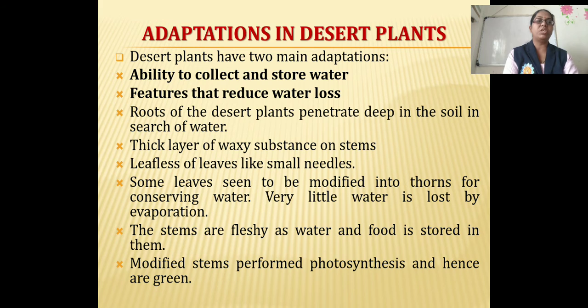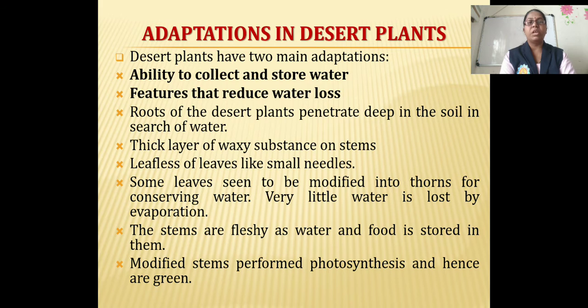Next one is adaptation in desert plants. Desert plants have two main adaptations: the ability to collect and store water, and features that reduce water loss. Because in the desert there is a scarcity, or shortage, of water, hence the two main adaptations are seen in desert plants. Roots of desert plants penetrate deep in the soil in search of water. There is a thick layer of waxy substance on the stem.